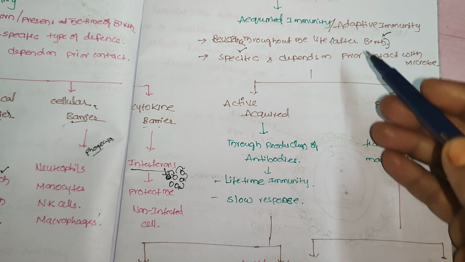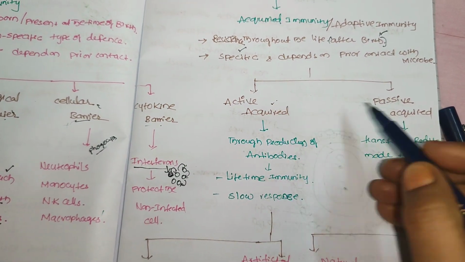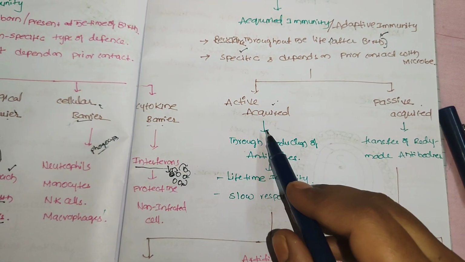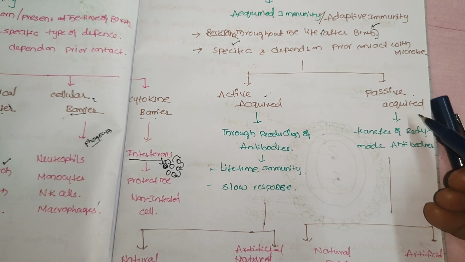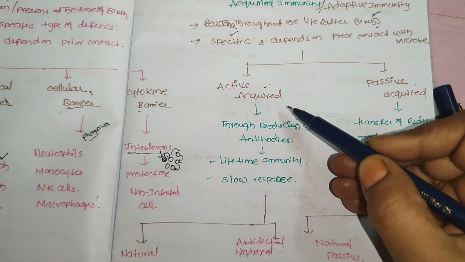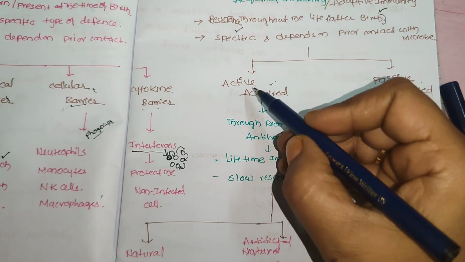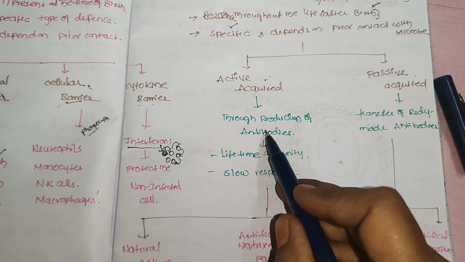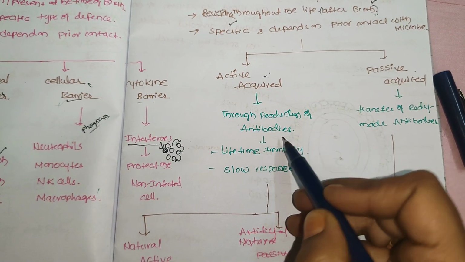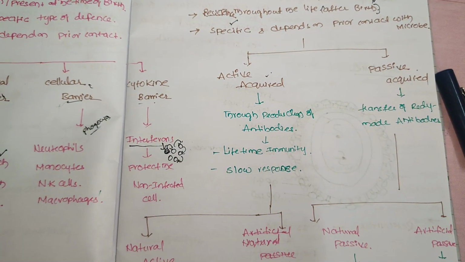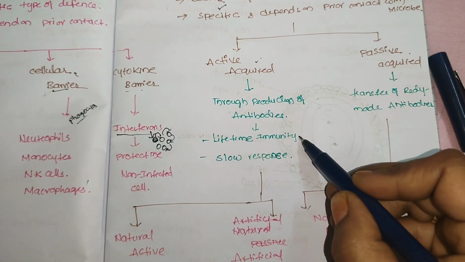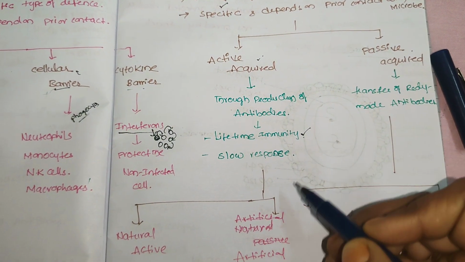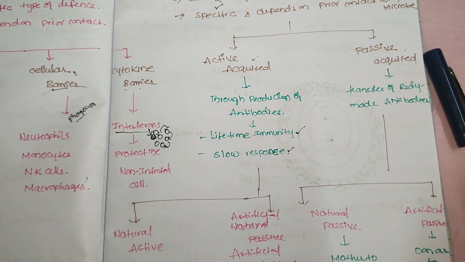In acquired immunity we have two types: active and passive. Active acquired immunity and passive acquired immunity. Active acquired immunity is present through the production of antibodies. It gives lifetime immunity, and it gives a slow response.